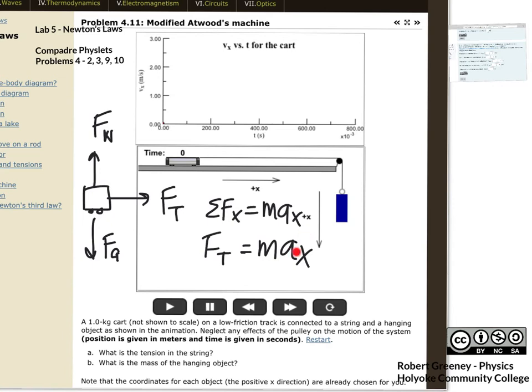So you do have to measure the acceleration. But notice when you play the simulation, the velocity versus time graph will be plotted. And for acceleration, you'll see that it's a straight line. The slope of that line, or the change in velocity over change in time, is the acceleration.